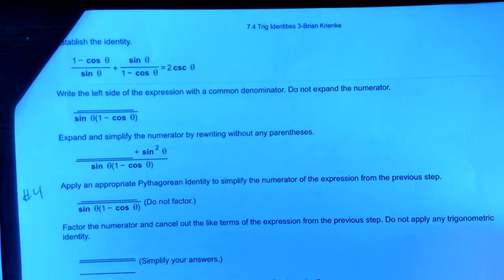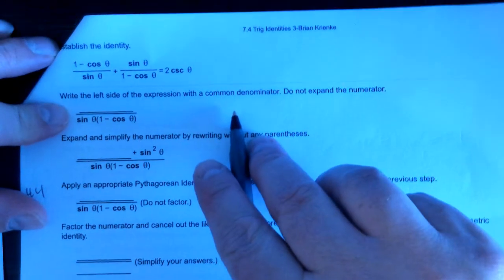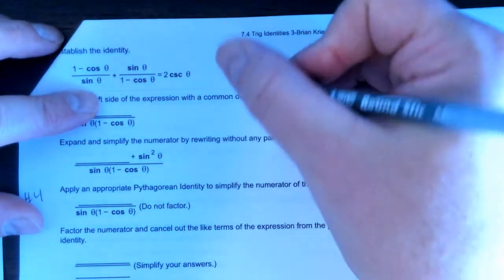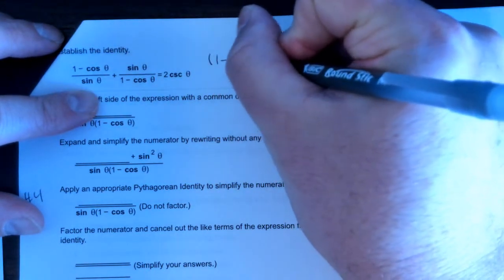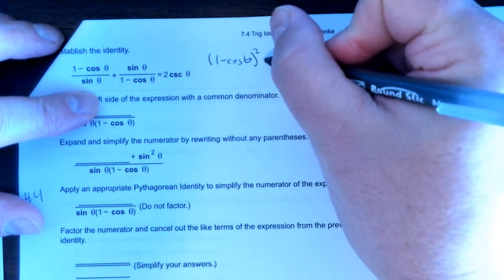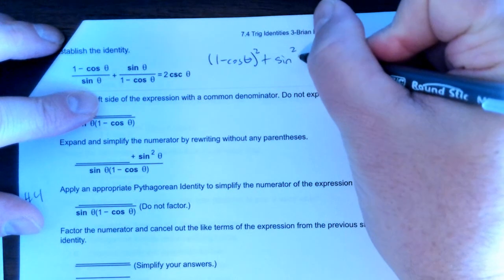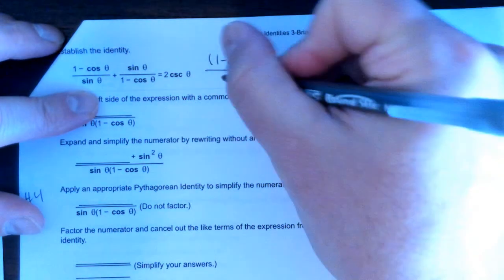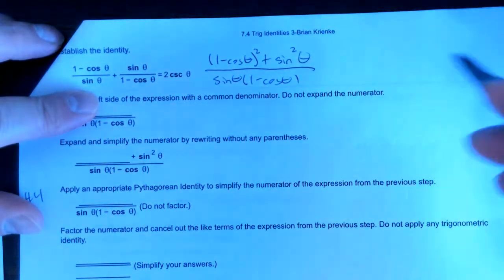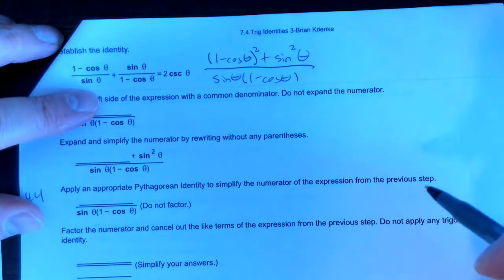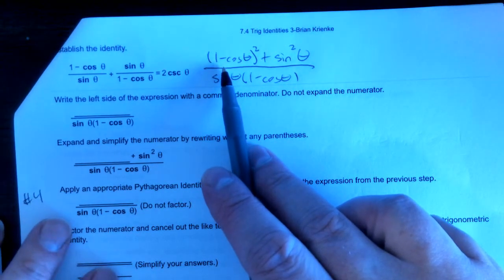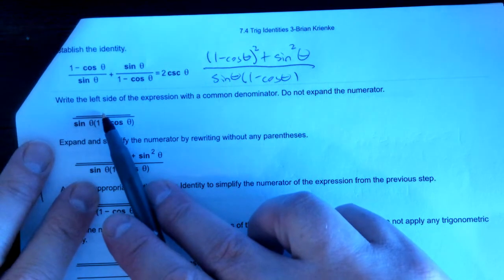Okay, on this one, get a common denominator. So we've got to multiply. And then we want to put that right there.